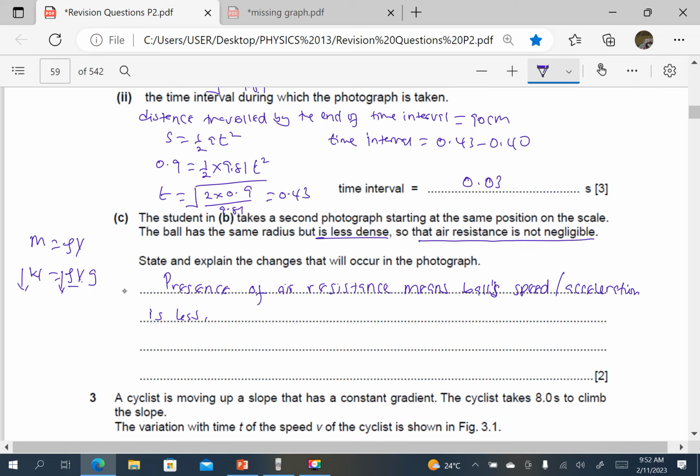That means if the speed is small, when you take the photograph, the length of the image will be shorter.